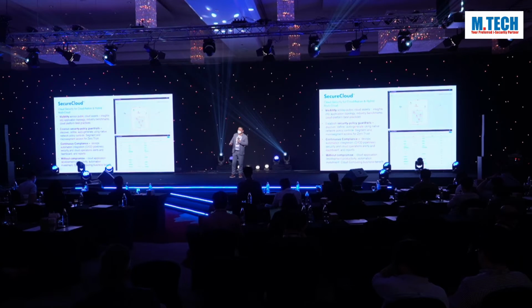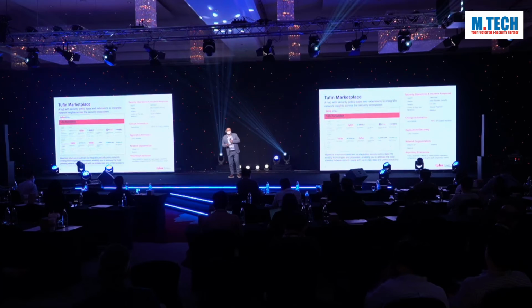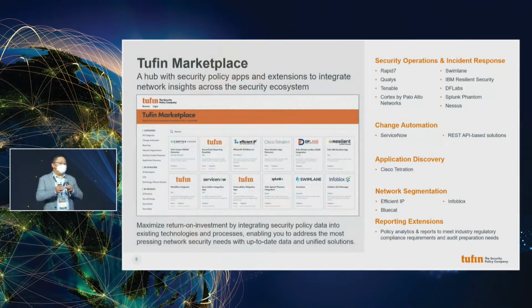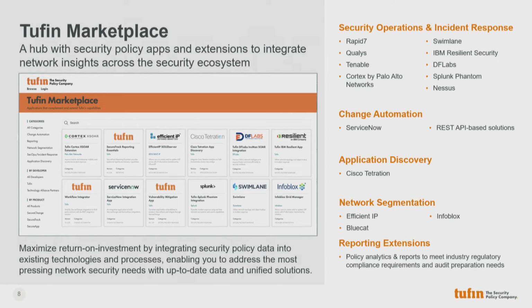All right. So these are the four main products, but we also have our Tufin marketplace, where we work with multiple vendors and our professional services solution to provide additional functionalities to the solution itself. Down here are some examples from our Tufin marketplace. You can see we have security operation and incident response, where we integrate with Rapid7, Tenable, and Qualys vulnerability assessment solutions.